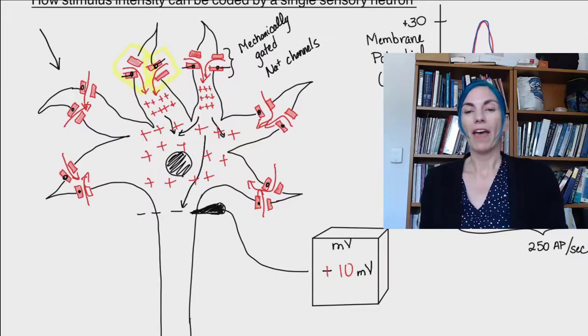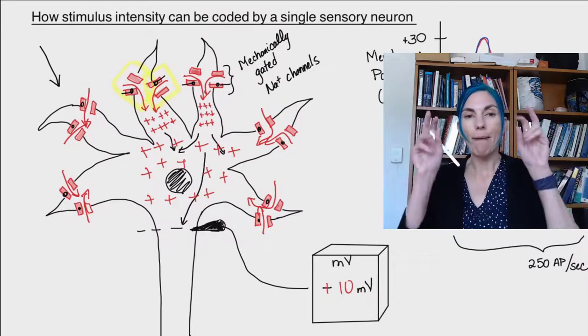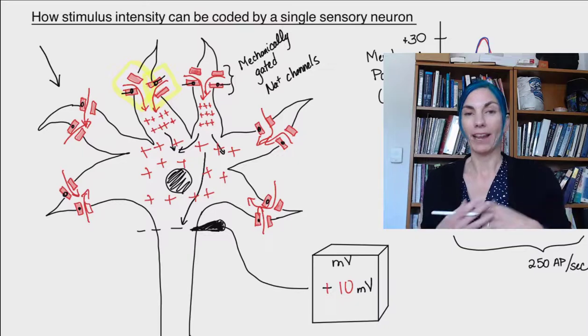So much so that as soon as one action potential ends, another one will start. In other words, I will get my 500 action potentials per second. They're running every 2 milliseconds, and my brain interprets that as maximum stimulus for that neuron.